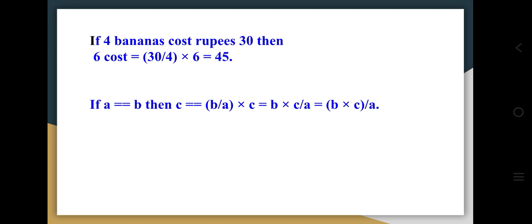In simple interest, as the principal amount increase, the interest also increase. As the principal amount decrease, interest also decrease. So the amount and interest are directly proportional.